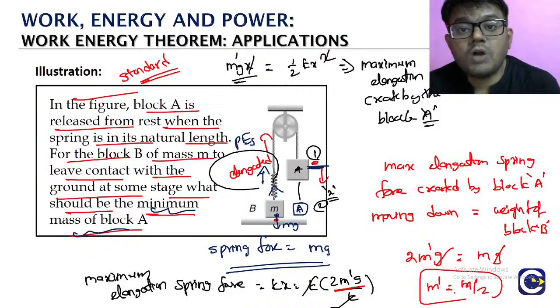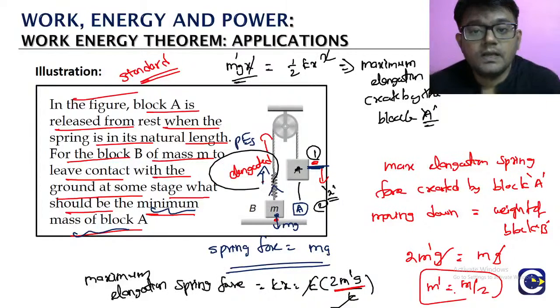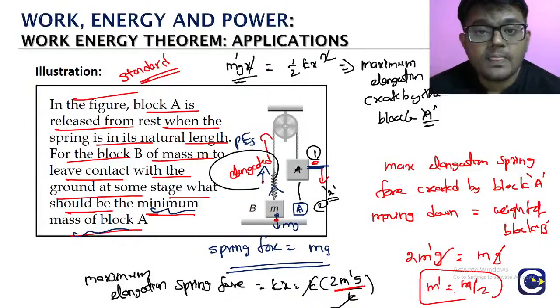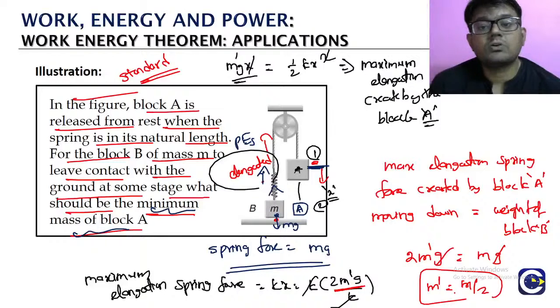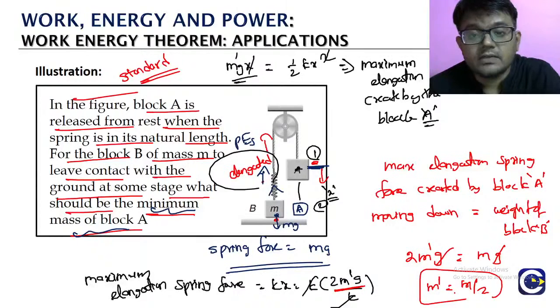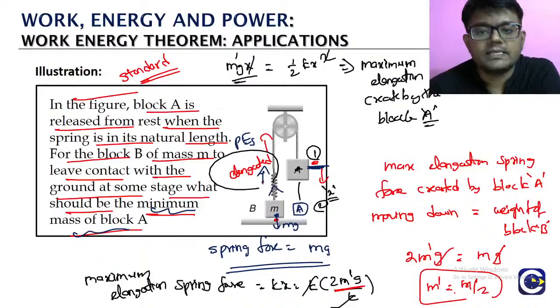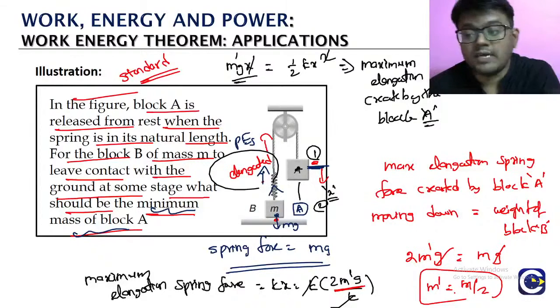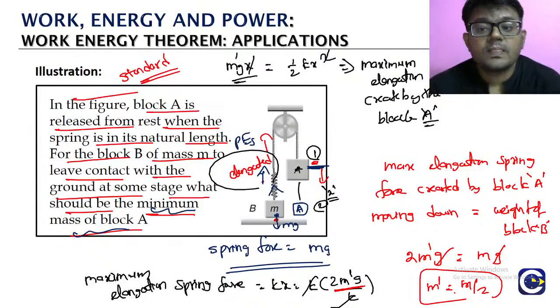So if the block A has a mass equal to m by 2, then when the block A is reaching that maximum elongation stage, it will be able to just make the block B leave the contact with the ground. But if the mass of the block A is more than this, even before reaching that maximum elongation point, it will be able to make the other side block B leave the contact with the ground.